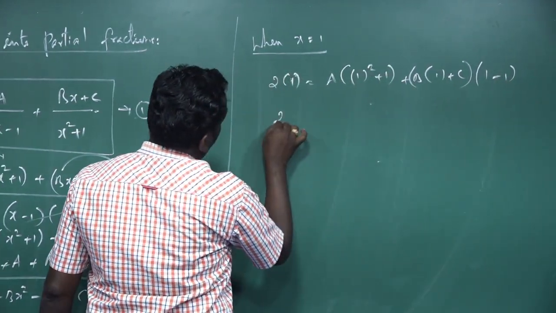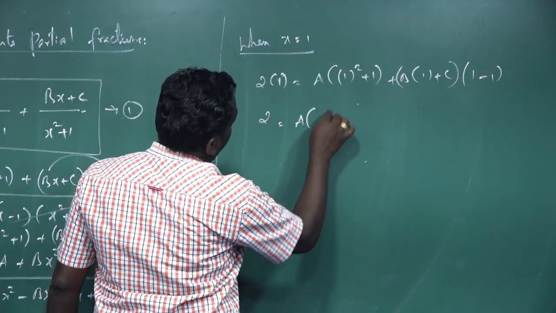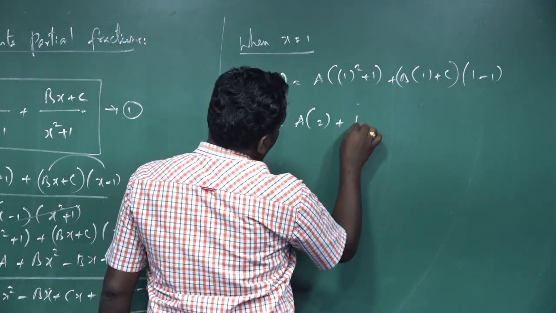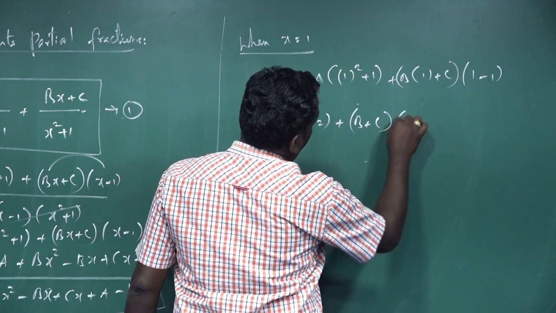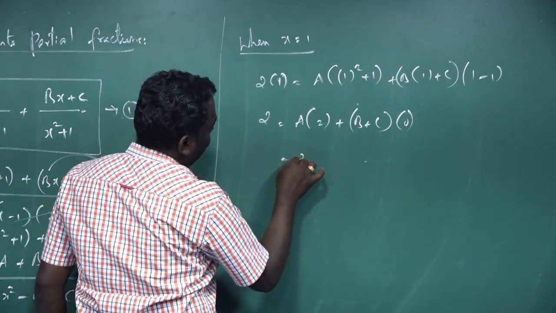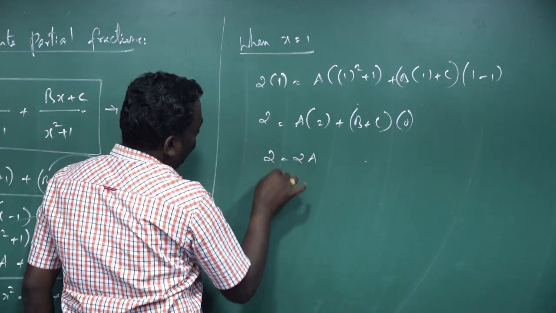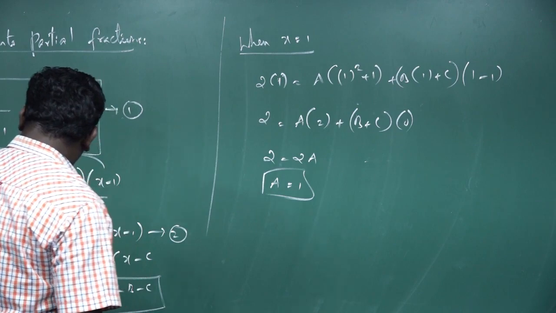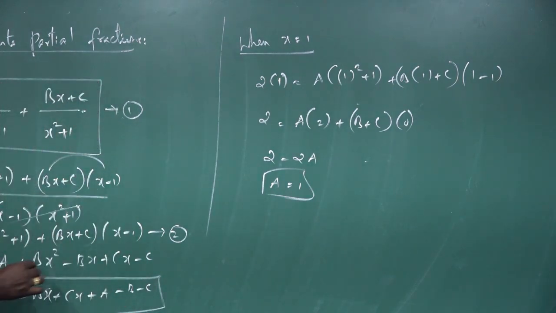Therefore the left hand side is 2, that is equal to A into 1 square, which is 1, plus 1 is equal to 2, plus B plus C into the separate value 0. Therefore the second term is fully cancelled. Therefore 2A is equal to 2. Therefore A equals 1. A equals 1.